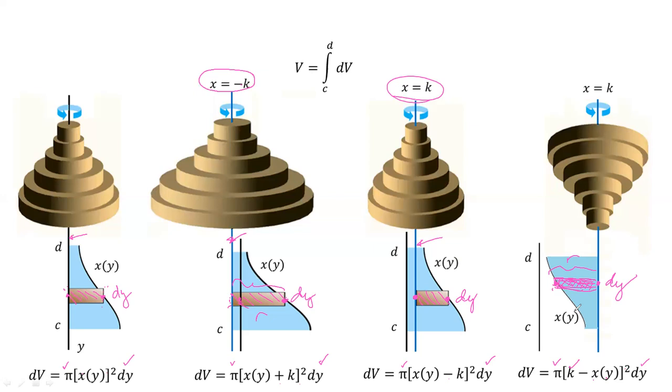There are two things that you need to determine in the disc method. Actually it's the same for all methods, but for now the disc method. Number one, the axis of rotation and your differential elements so chosen should be perpendicular to each other. Second, your axis of rotation and your differential elements should be attached to each other, so there shouldn't be any space in between them.